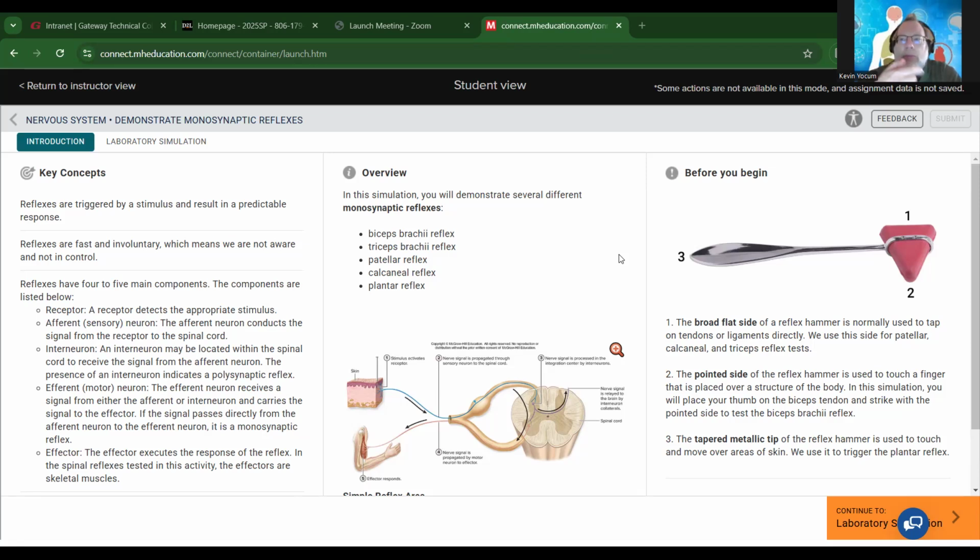But you should remember that the brain and spinal cord form the central nervous system. You should remember the nerves form the peripheral nervous system. You should remember the breakdown of the autonomic nervous system versus the somatic nervous system, and that we have sympathetic versus parasympathetic.